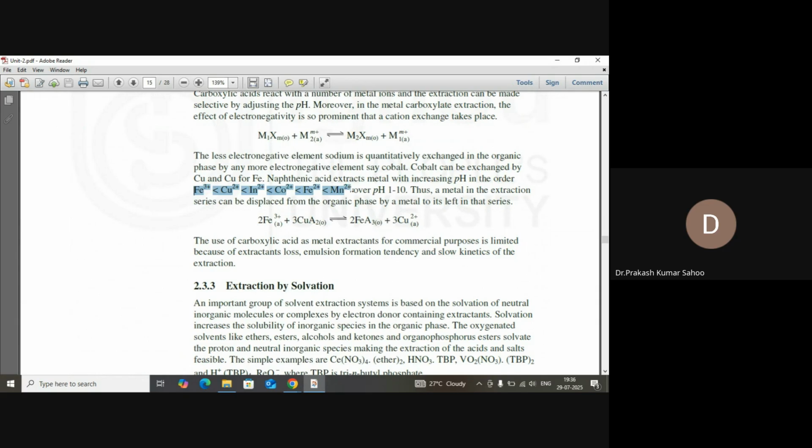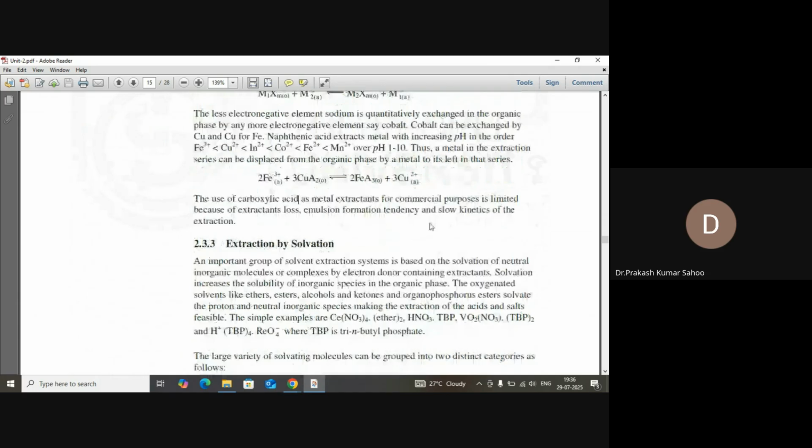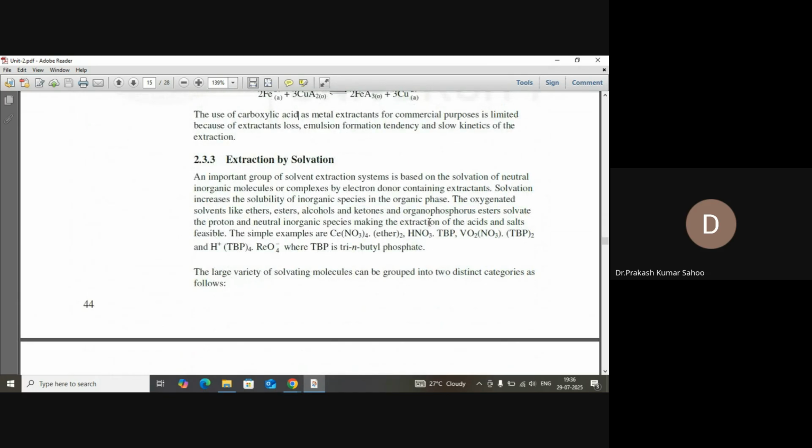It is experimentally claimed that iron, copper, indium, cobalt, iron 2 plus and manganese 2 plus over pH 1 to 10, these metal ions are extracted by using this carboxylic acid or sulfonic acids.